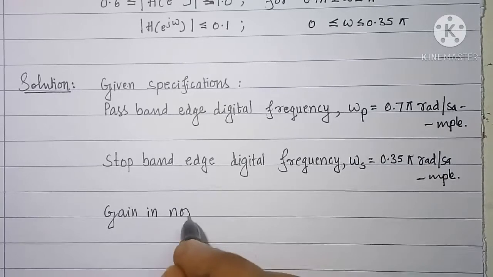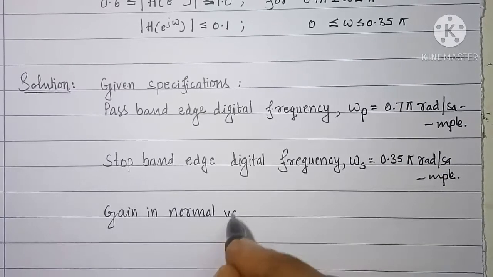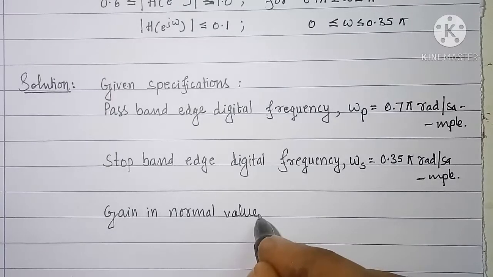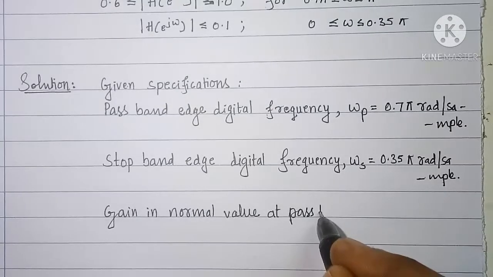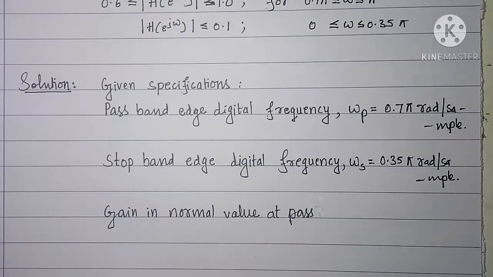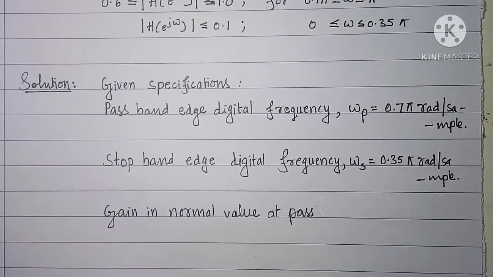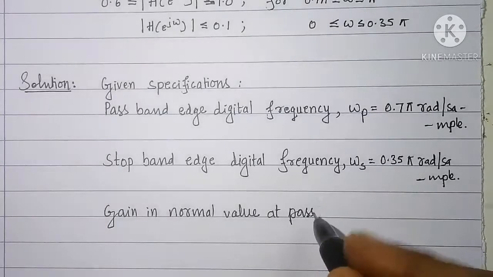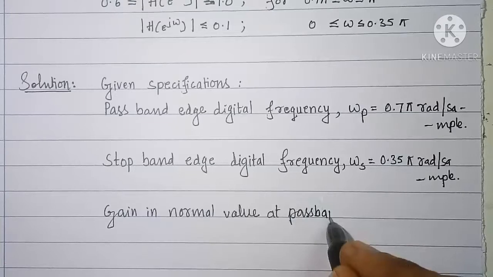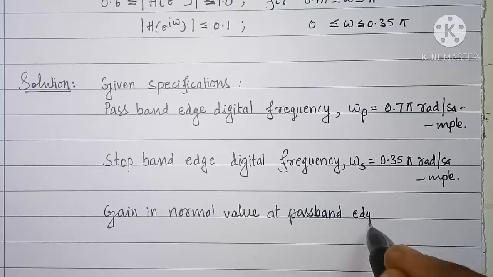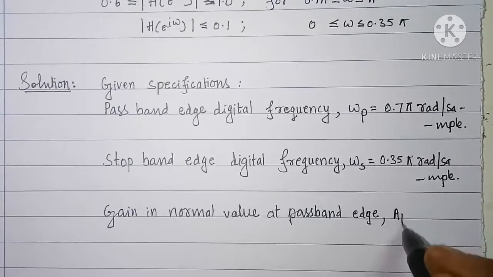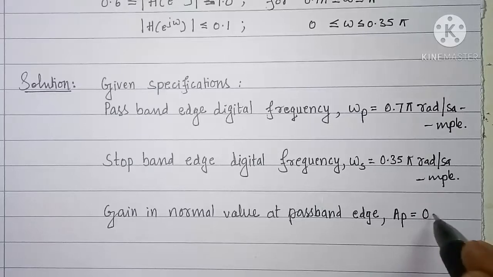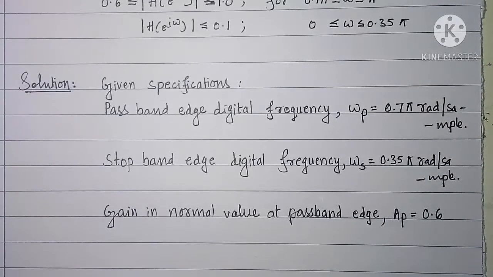Gain in normal value at passband edge AP is equal to 0.6.